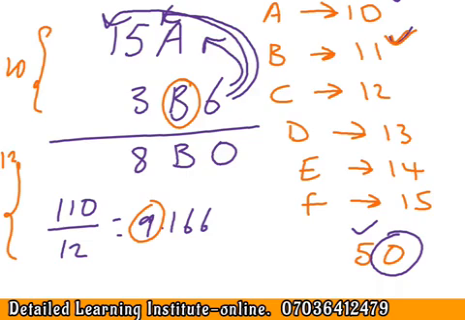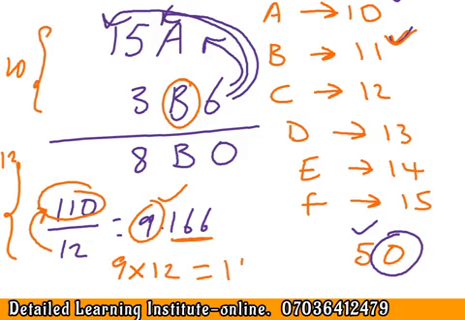Actually 12 went into 110, but it gave us 9.166. That means inside this 110 there is a particular number that 12 actually went into that gave us this whole number aspect. Then it was the other ones that 12 can no longer go into without a remainder that now give us this fraction. So how do we get that particular number? We'll get that number by saying 9 times 12. That will give us 108. So it was 108 that 12 actually went into to give us 9 perfect groups without a remainder.